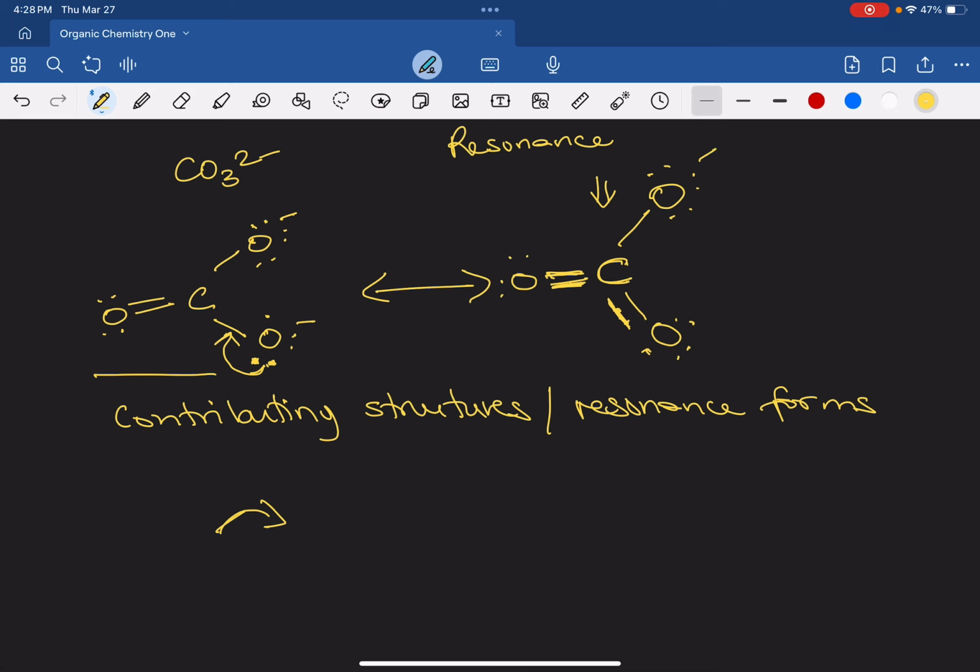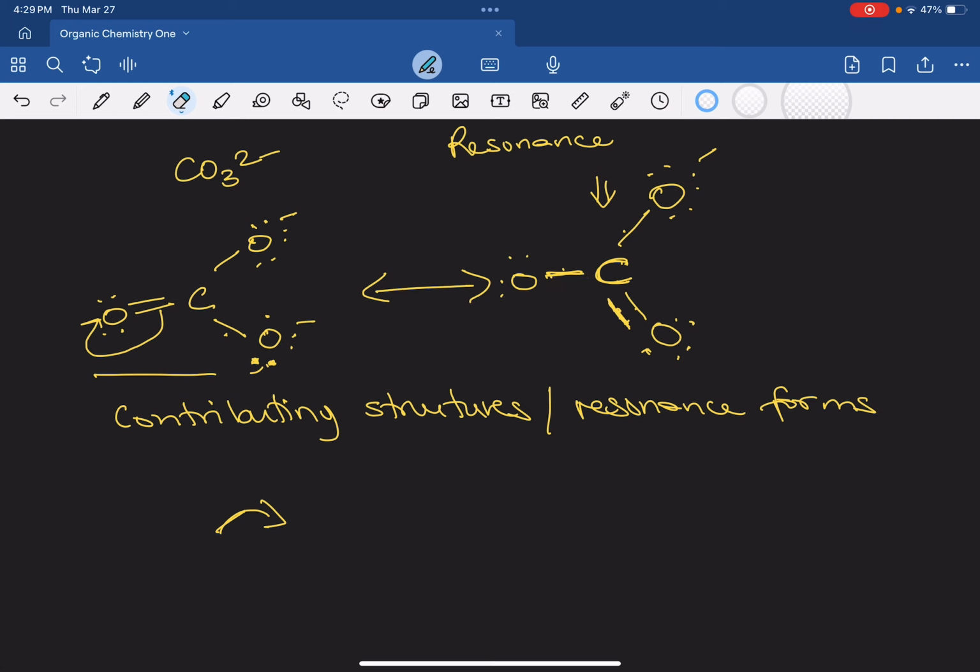Let's look, because here it is, 1, 2, 3, 4, 5. Can't have 5 bonds, so this is what happens. As these electrons are moving in here to this bond, the pi bond, one of these bonds is moving onto the adjacent oxygen. It wouldn't make sense to move it onto the carbon. The carbon already, from what we see over here, has 5 bonds, right?